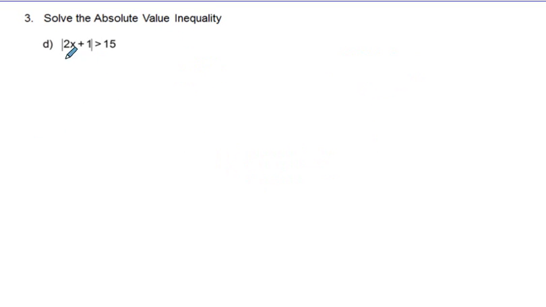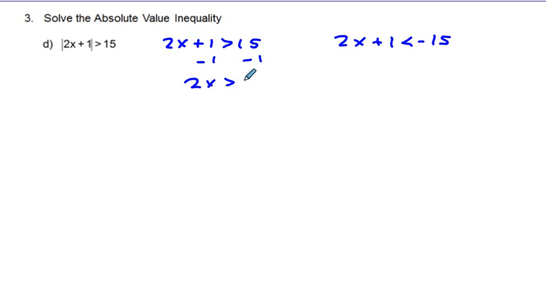And now for D, we have this absolute value of quantity 2x plus 1 is greater than 15. So we have 2x plus 1 is greater than 15. And we also have 2x plus 1 is less than negative 15. And we just solve for x. So we have 2x is greater than 14, so x is greater than 7.